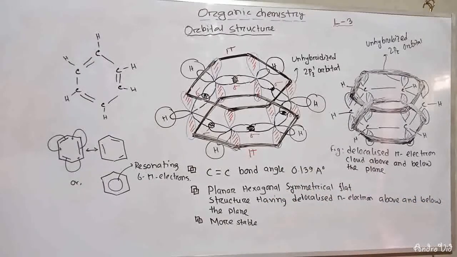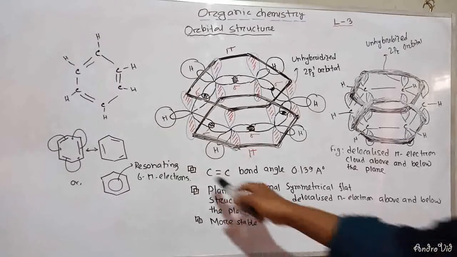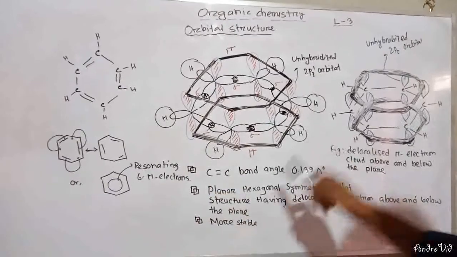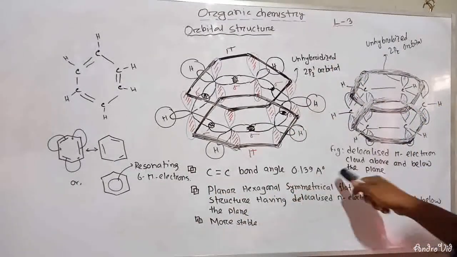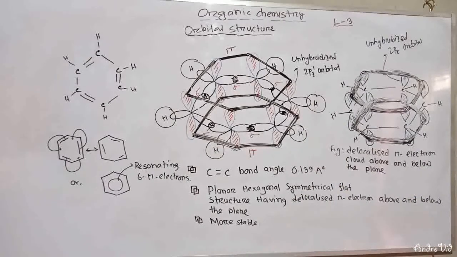You know very well the carbon-carbon single bond length is 0.154 and the carbon-carbon double bond length is 0.134 in case of aliphatic compounds. And in case of the benzene ring, the carbon-carbon bond length is basically in between the carbon-carbon single bond and carbon-carbon double bond of aliphatic compounds, which is 0.139 nanometer.